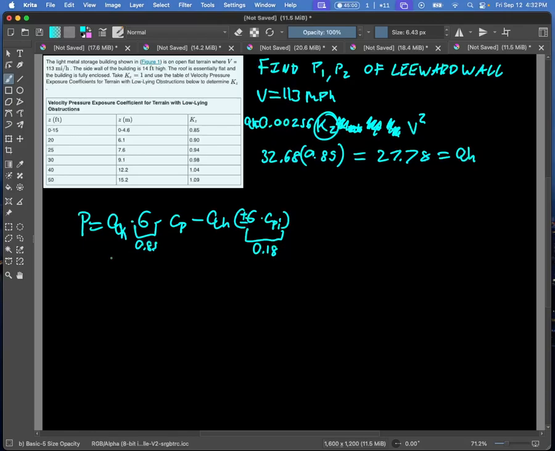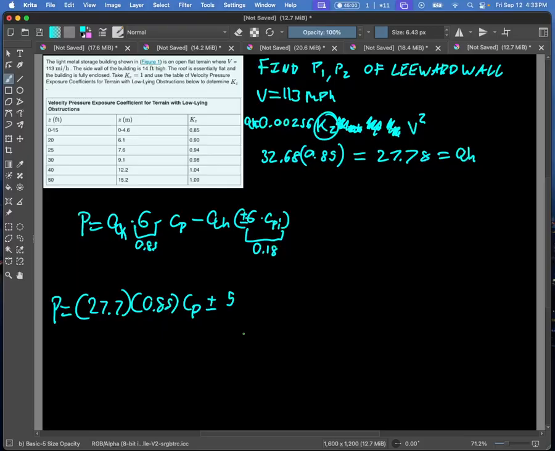So I think we really just need to find that number there. Essentially we have P equals 27.7 times 0.85 times the pressure coefficient, plus or minus 27.7 times 0.18, which is 5. It's like 0.001 off, but I'm just going to say it's rounded to 5, and it won't make too much of a difference.